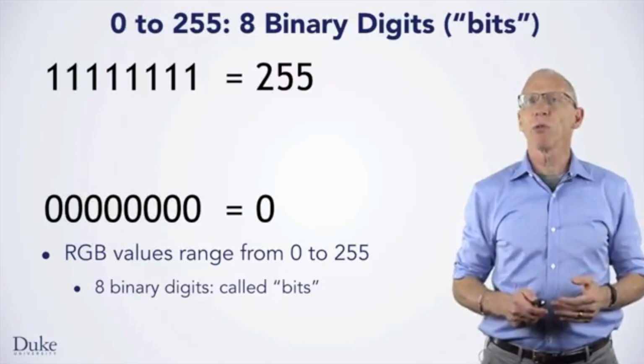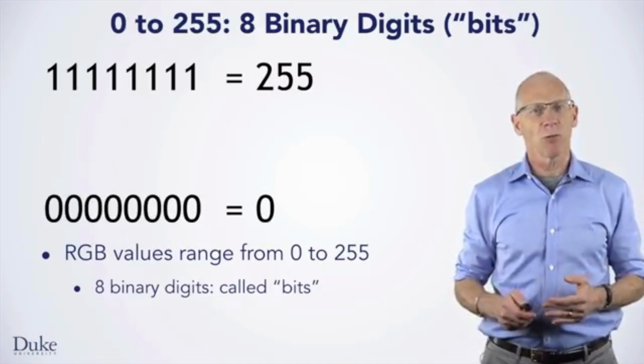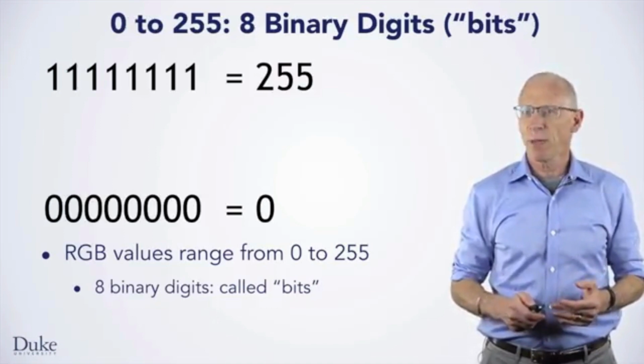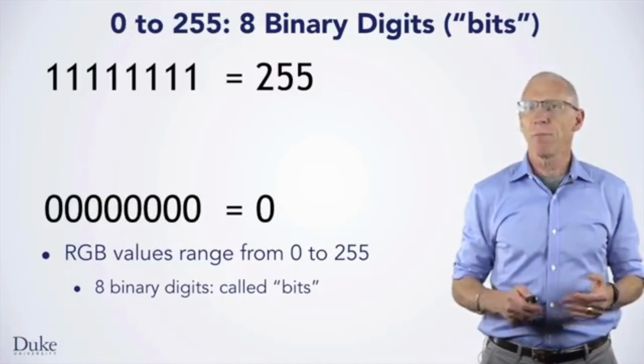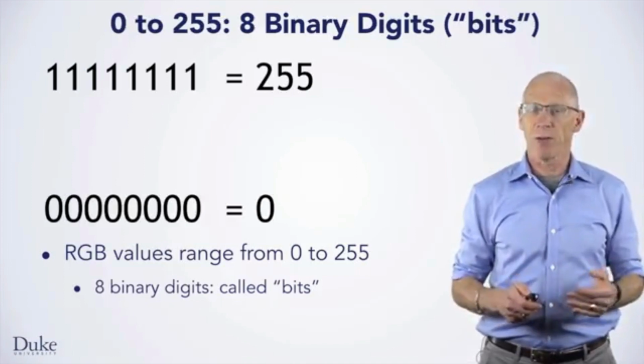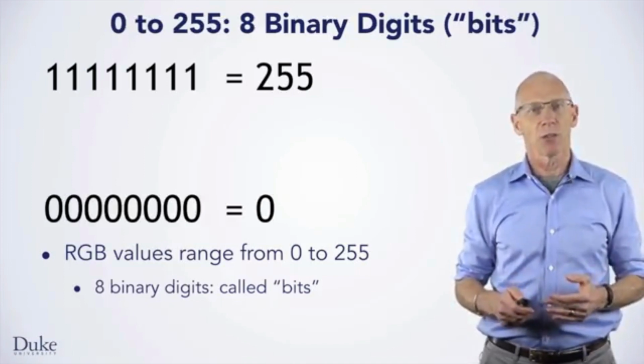The red, green, and blue components of pixels range from 0 to 255 because they are stored with 8 binary digits, called bits. Note that the B in bit comes from binary, and the IT in bit comes from digit.